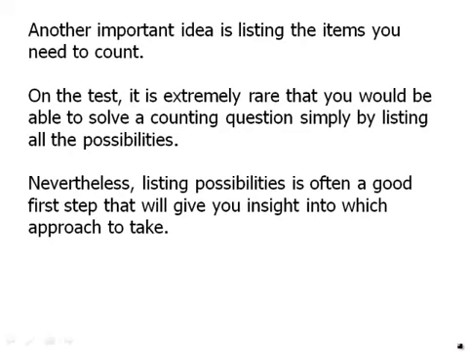But listing possibilities is often a good first step that will give you insight into which approach to take. So often if you're stuck in a counting problem, listing the first few possibilities is one way to start thinking about, gee, what method is going to work best here?